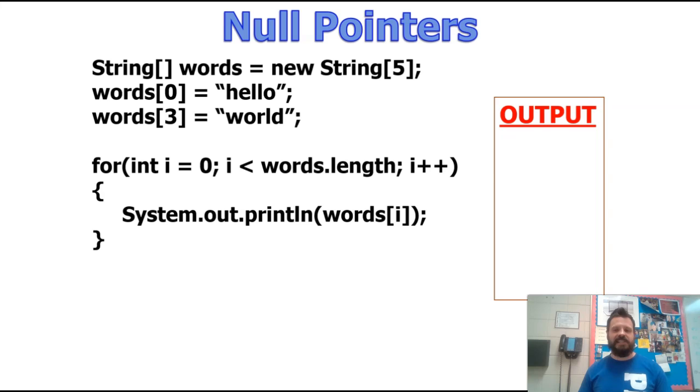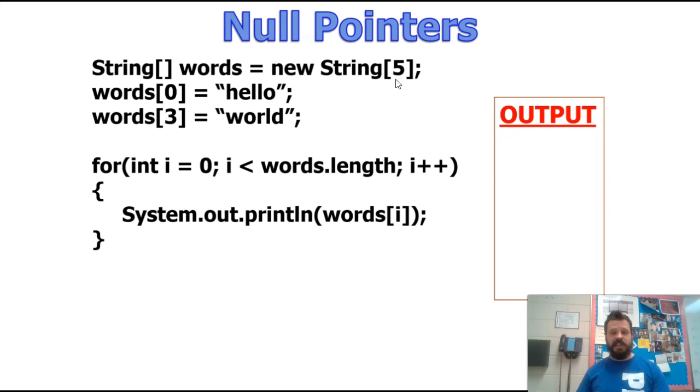Now there's one last thing we're going to need to account for when we're dealing with arrays of objects. For this example we'll talk about arrays of strings, which will work the same as arrays of any other objects. And that's going to be null pointers. Let's say we create a string array, words, and give it a size of 5.